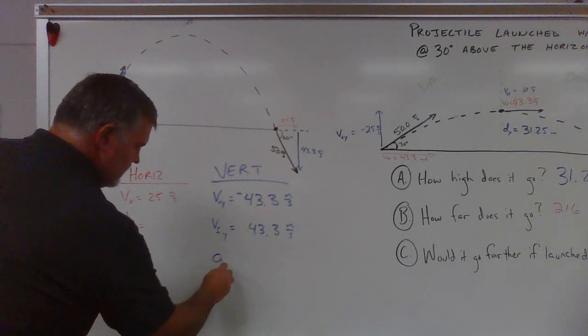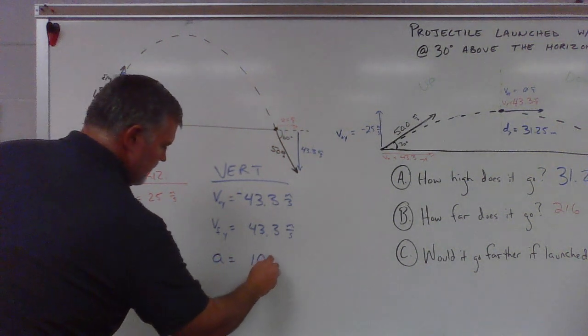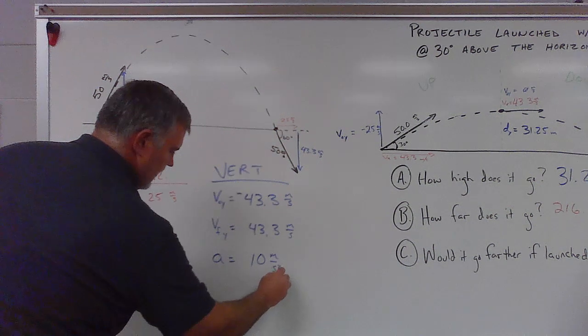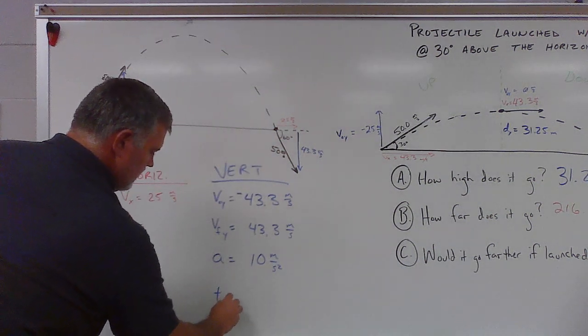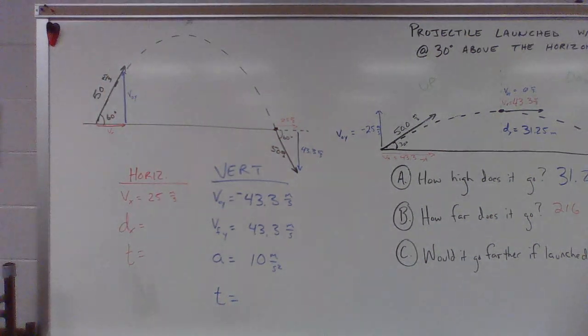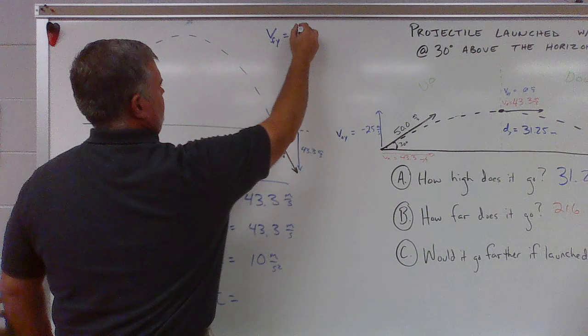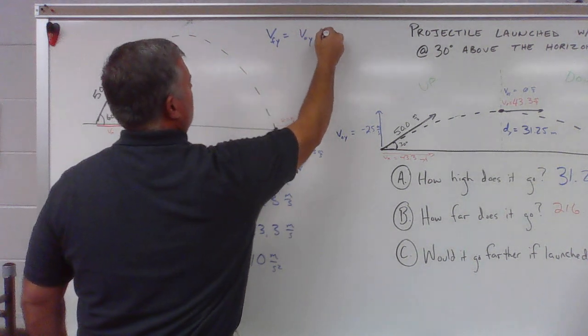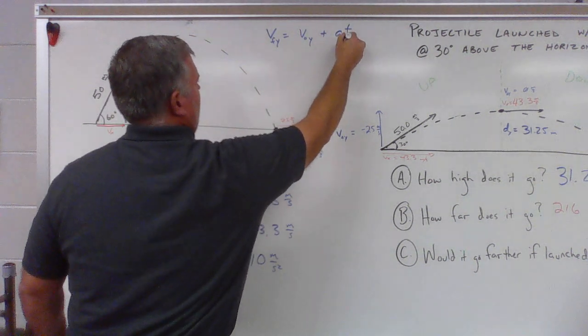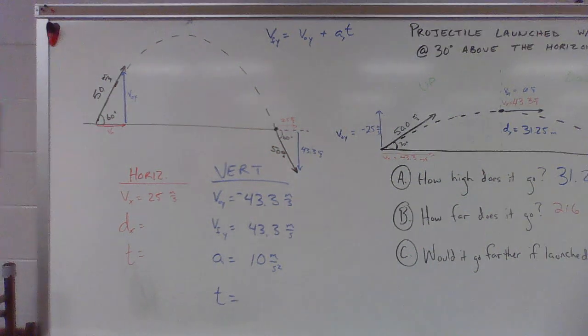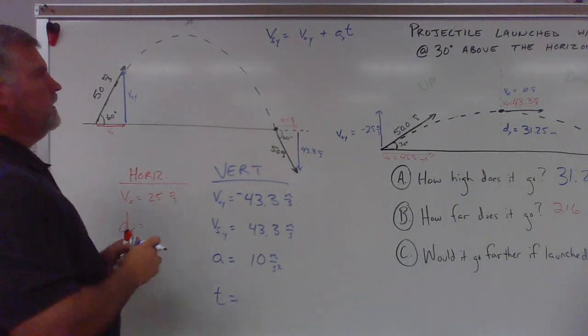Acceleration is due to gravity, so 10 meters per second per second. So we use that nifty little trick I showed you at the end of the last video, where we take that equation right there: final velocity equals initial velocity plus acceleration times time.